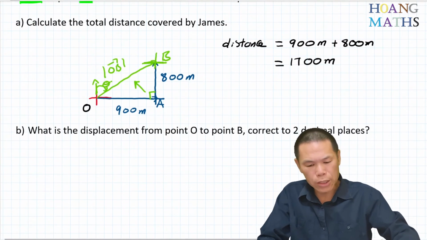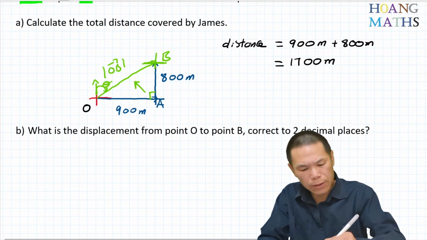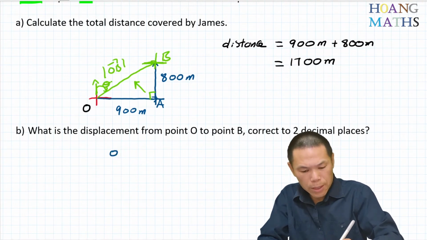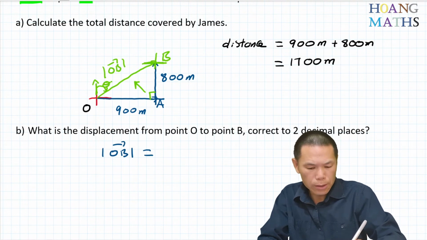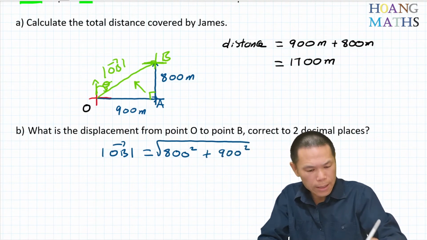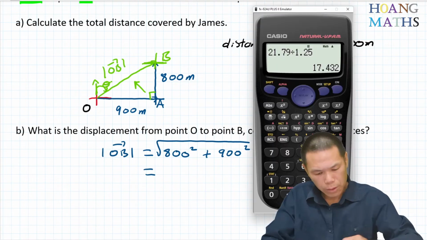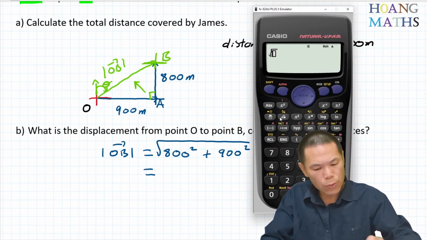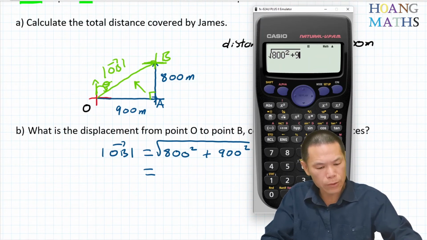We just use Pythagoras' theorem. The magnitude of OB is equal to the square root of 800 squared plus 900 squared.